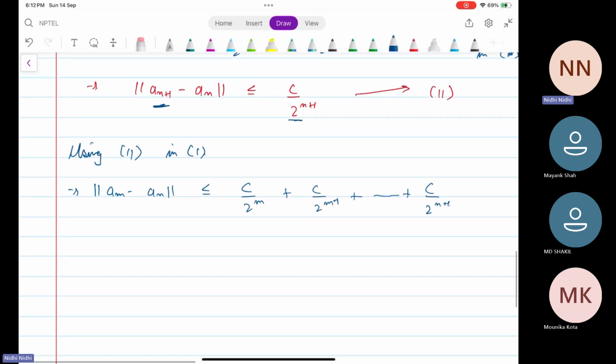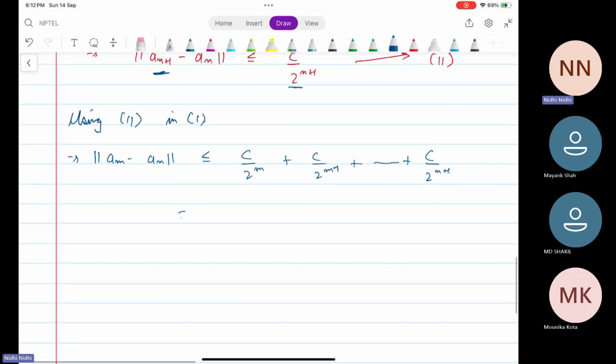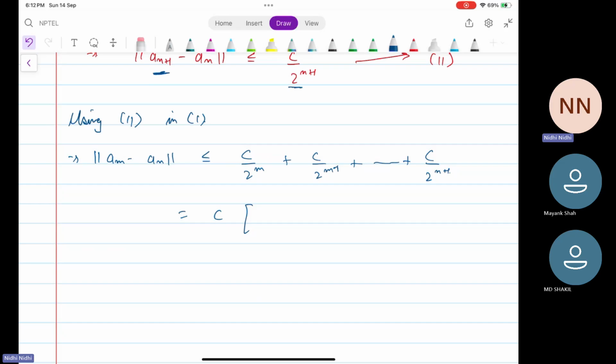So this is equal to, taking c common, summation k from n plus 1 to m of 1 upon 2 to the power k. We know that summation 1 upon 2 to the power k is a convergent series, and the tail of a convergent series always converges to 0.